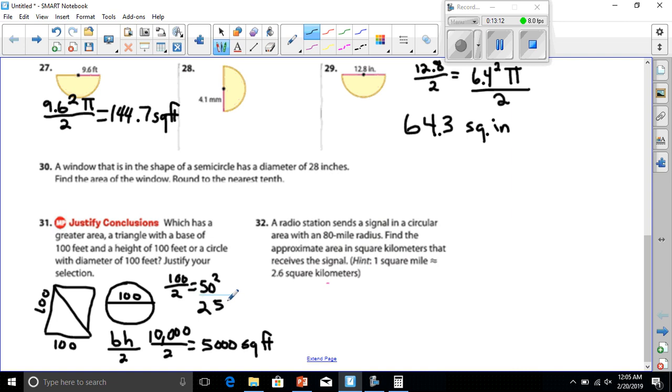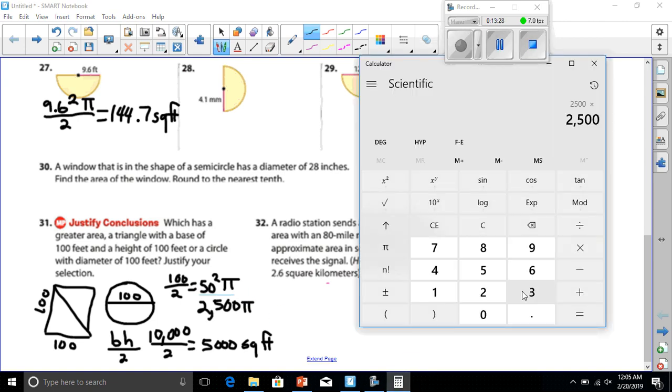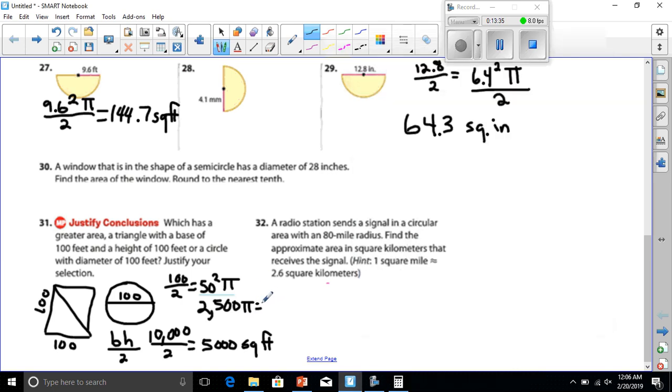Now you might be thinking the circle lost, but remember, all we did is multiply the radius times 2. We still have to multiply that by pi to get our answer. So 2,500 times pi, times 3.14 gives us 7,850 square feet.